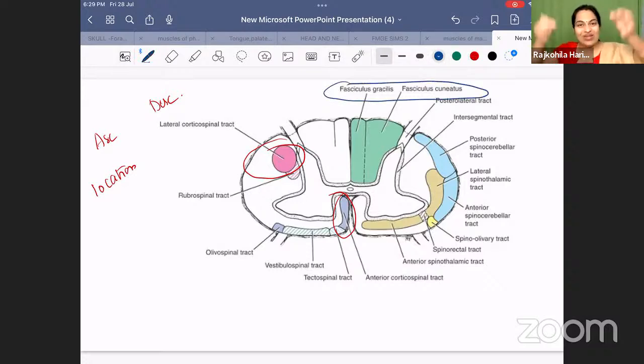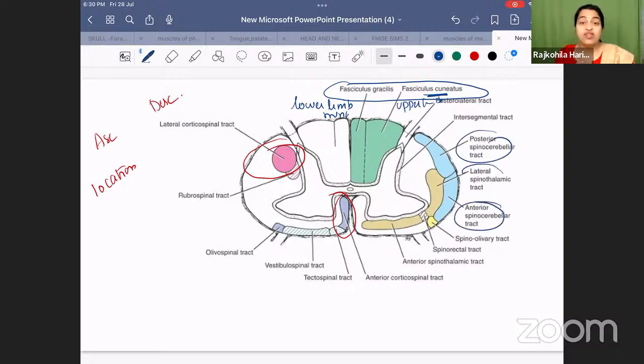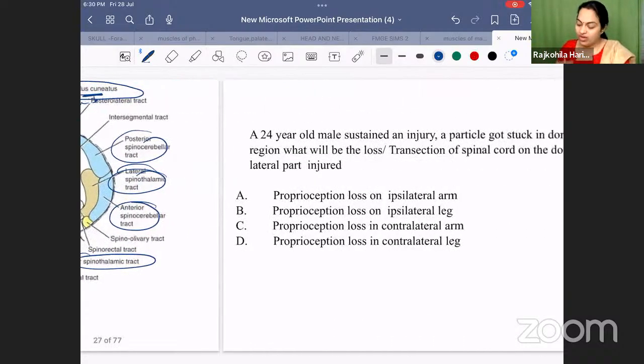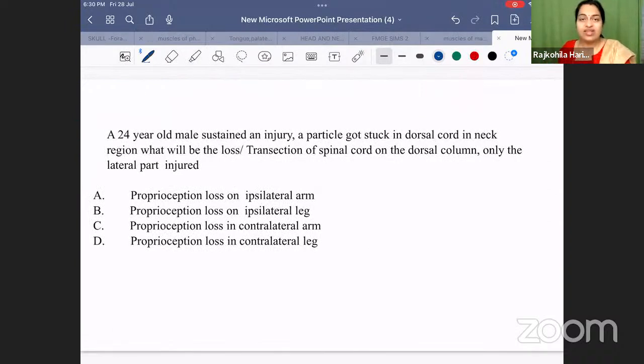Fasciculus gracilis carries sensations from the lower limb and trunk up to T6. The upper part of the trunk and the upper limb is carried by the fasciculus cuneatus. And the location of the anterior and posterior spinocerebellar tracts, the location of the spinothalamic tract, their features, lesions. Not only that, this was a recently asked question in the NEET PG entrance examination.